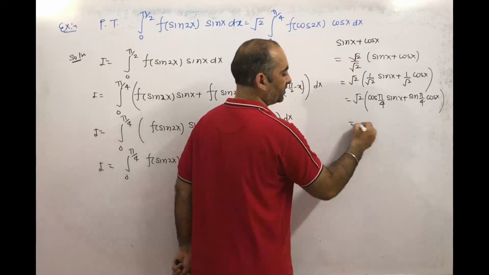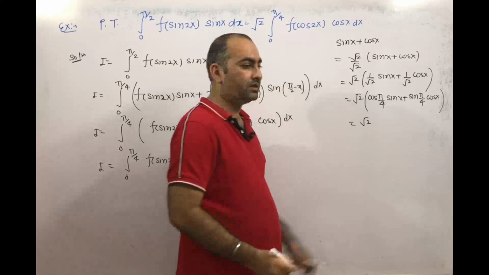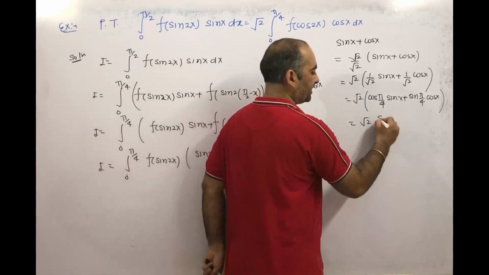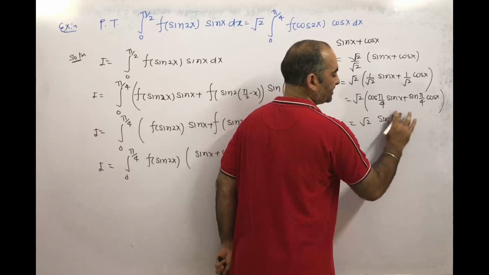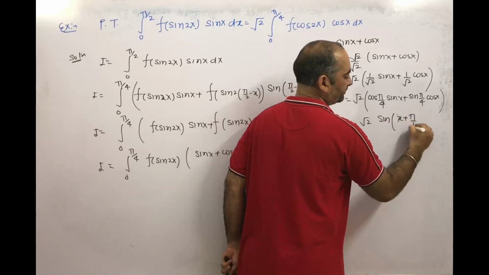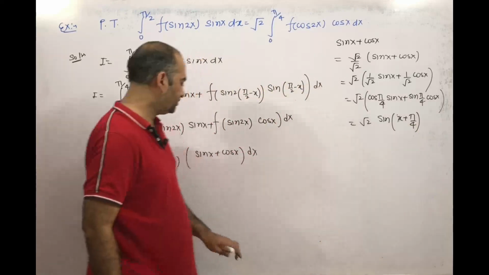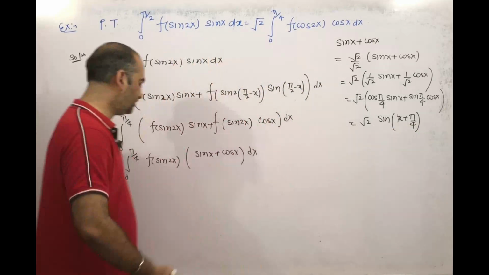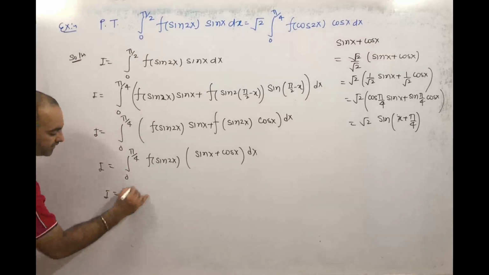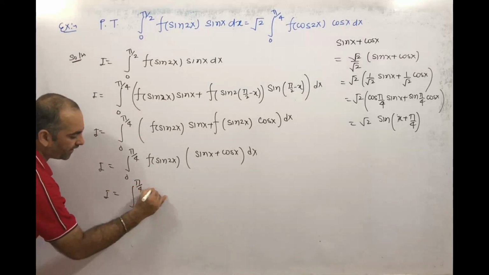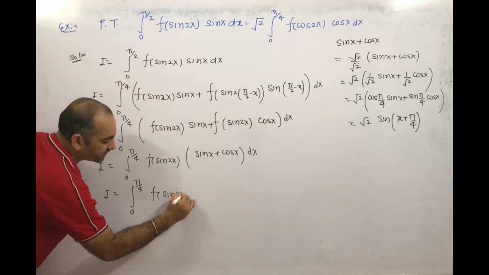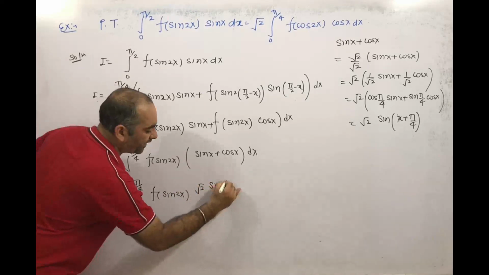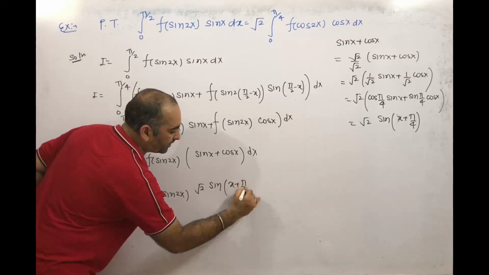So this one we can write root 2 times sin x cos pi by 4 plus cos x sin pi by 4. This we can write as sin of x plus pi by 4. So instead of sin x plus cos x, you can write root 2 times sin of x plus pi by 4.